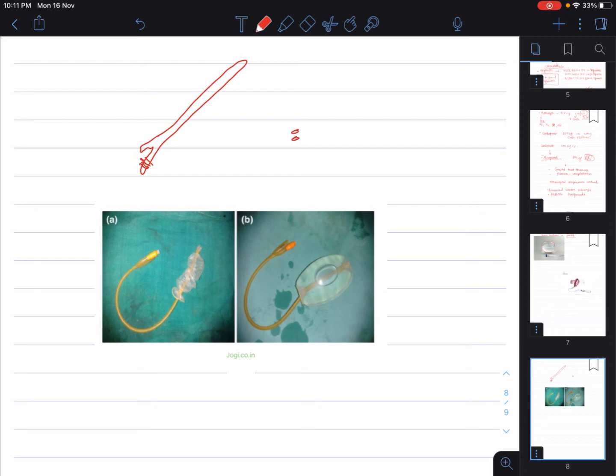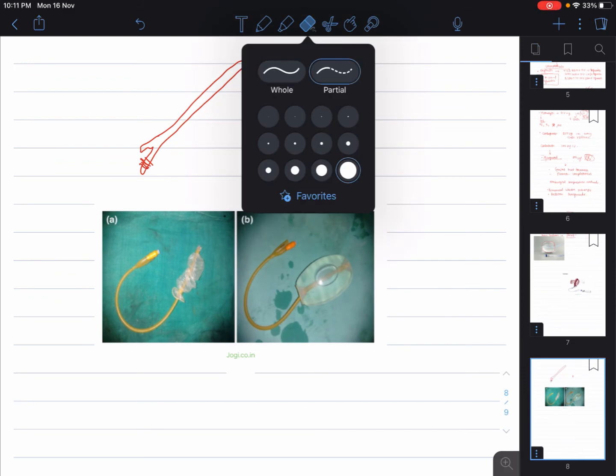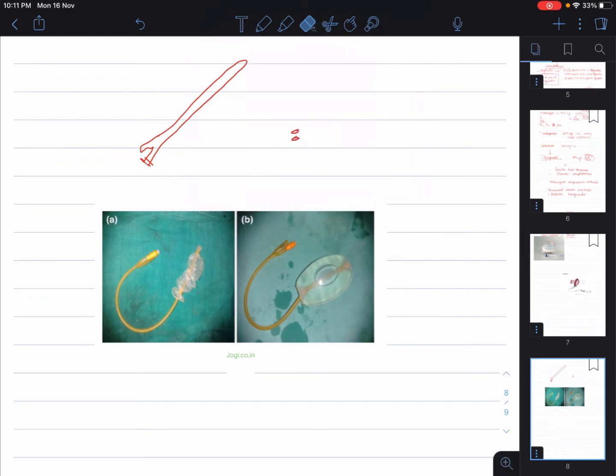Now once this is done, right, so we have cut this out. Okay, now what you do is you take a condom, right, and you roll it over this, and then you take these elastic bands that you have, you tie one around over here, you tie the other over here, and then you cut off this part, right?